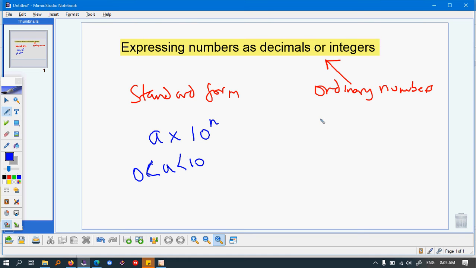And then the ordinary way, or integer decimals, is where you would have a number like 0.007 or 56,000. So what we are looking at today is a way of converting from standard form to the ordinary form, or as integers and decimals.